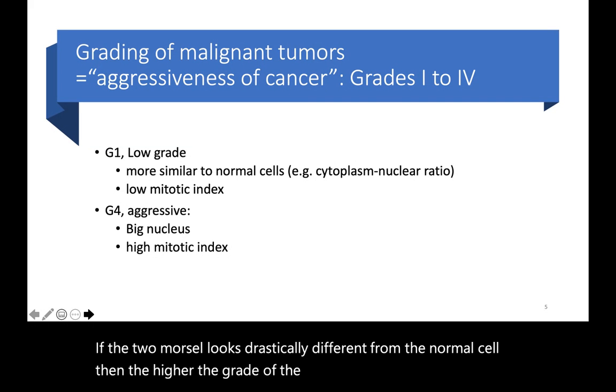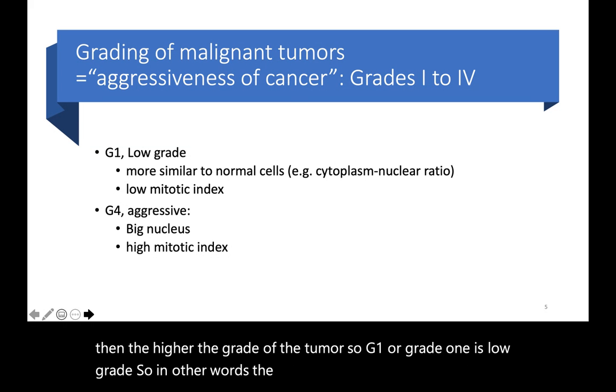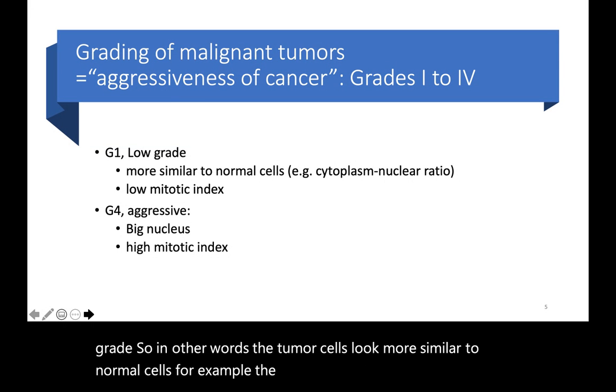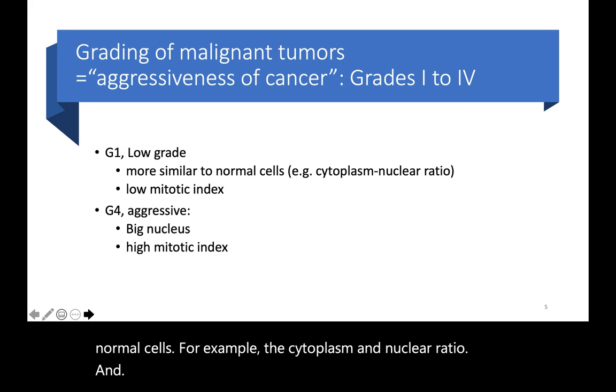So G1 or grade 1 is low grade. In other words, the tumor cells look more similar to normal cells. For example, the cytoplasm and nuclear ratio. And a grade 1 tumor has a low mitotic index.